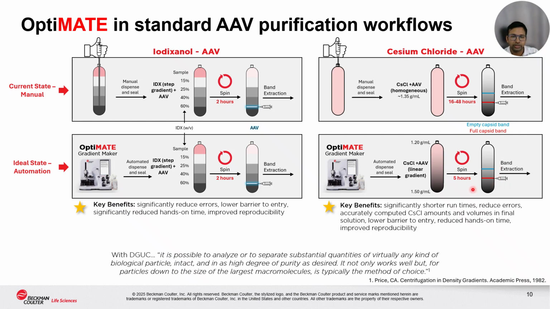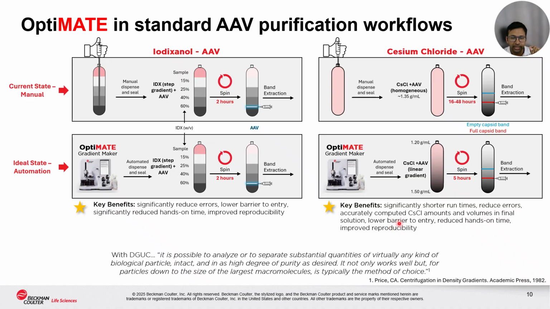So there is a significant decrease in the ultracentrifugation runtime as a mechanism, and you will also see some of the other benefits that you will generally see when compared to manual gradients where you have reduced errors. One key factor is you can have accurately computed cesium chloride amounts, especially when you compare this with powdered cesium chloride, where because it's hygroscopic, there is some difficulty in having the right amount added.